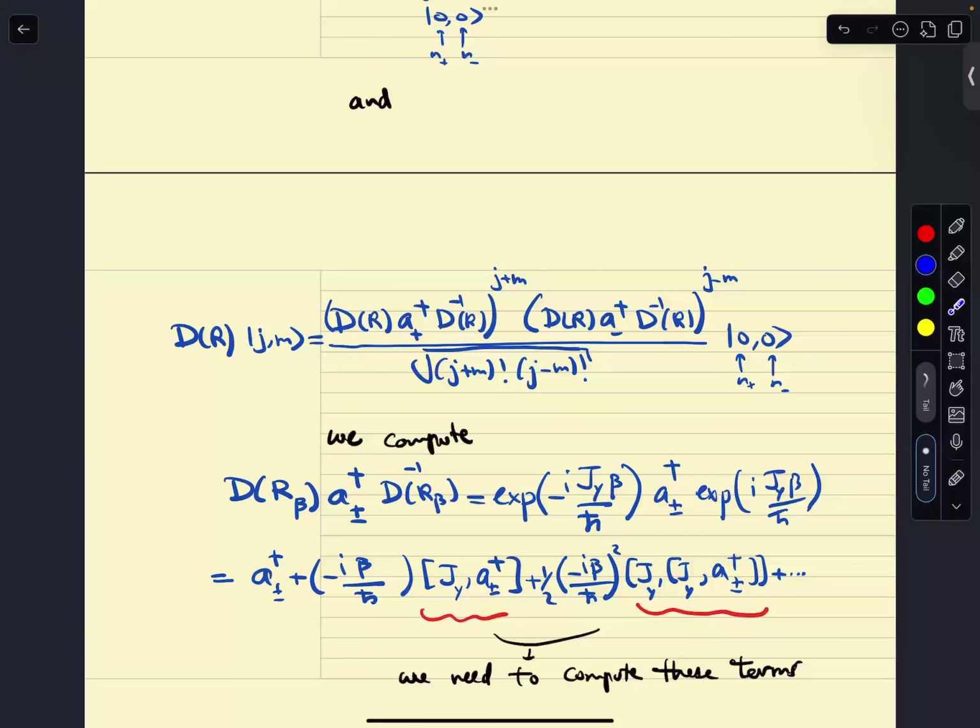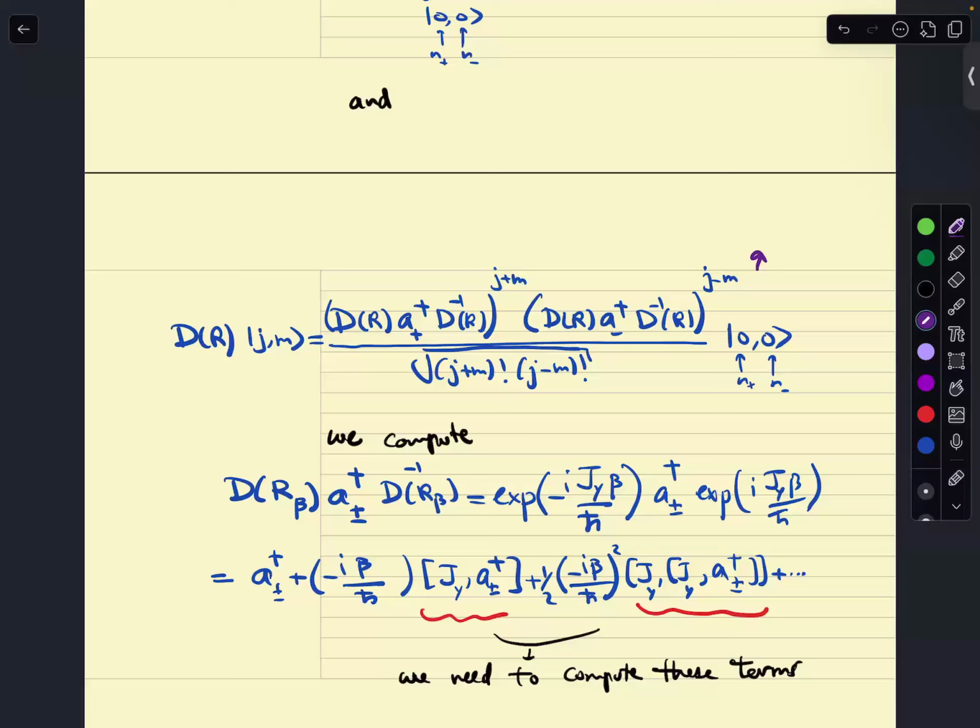I have D of R on the left, so just insert D dagger of R and D of R here, they cancel out. Is that clear? Is it clear what I've done? Let me do this a little bit more slowly.